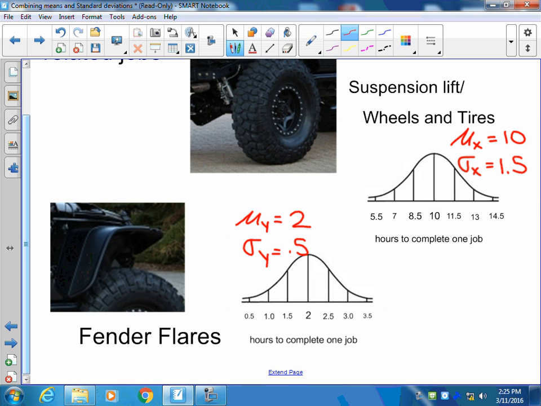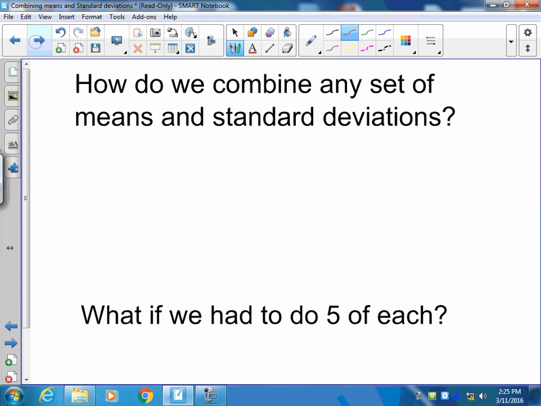Okay, and if we're going to combine these, what we want to do is look at some of our basic rules. So how do we combine them? If I want to combine the mean of x plus y, we can actually do exactly what we see.